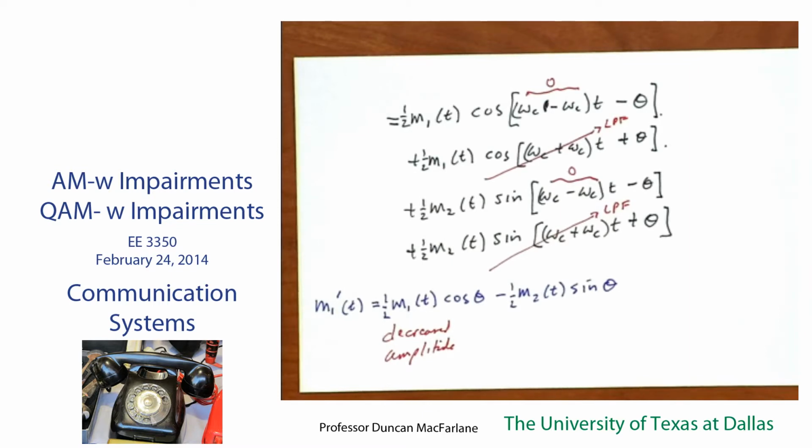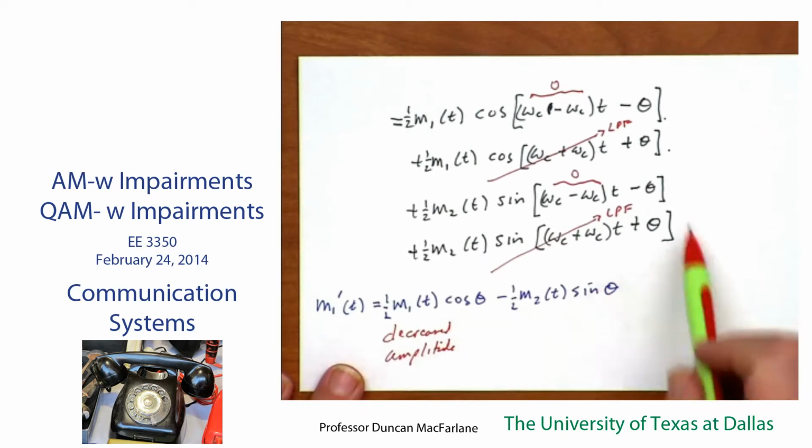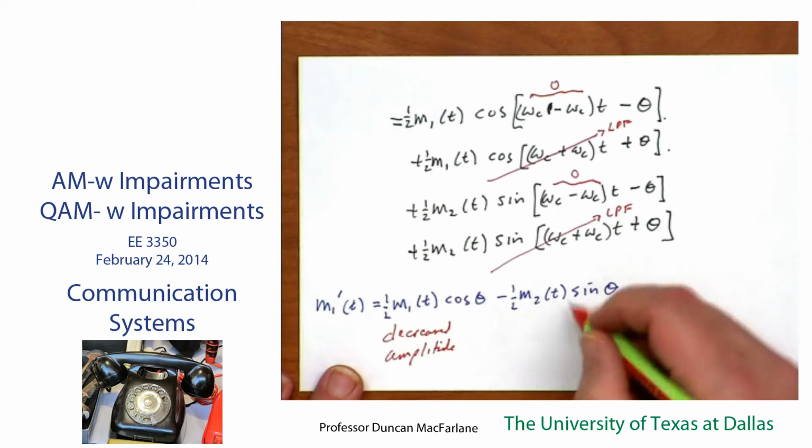That's not that big a deal. As I tune out of this, though, more sine increases. I have more sinusoid there. If theta were 0, that would be my perfect system. This would be 0, but it's not.